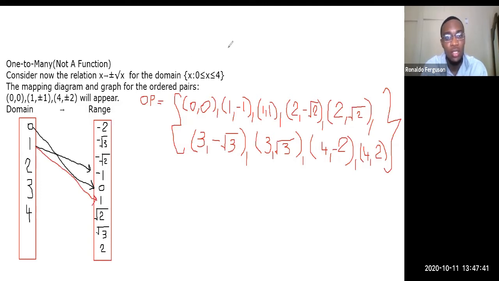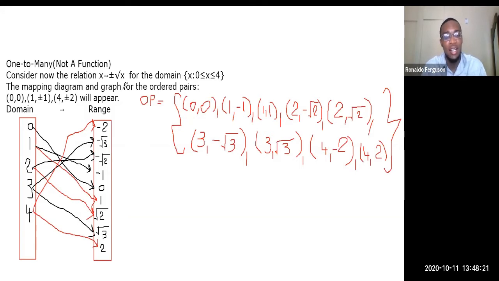Now 2 is being mapped to negative the square root of 2, and also to the square root of 2. 3 is being mapped to negative root 3, and also to positive root 3. And finally, 4 is being mapped to -2, and 4 is also mapped to 2.